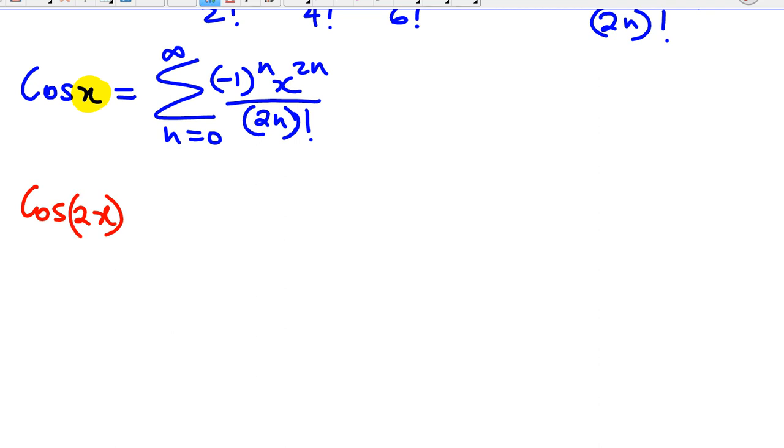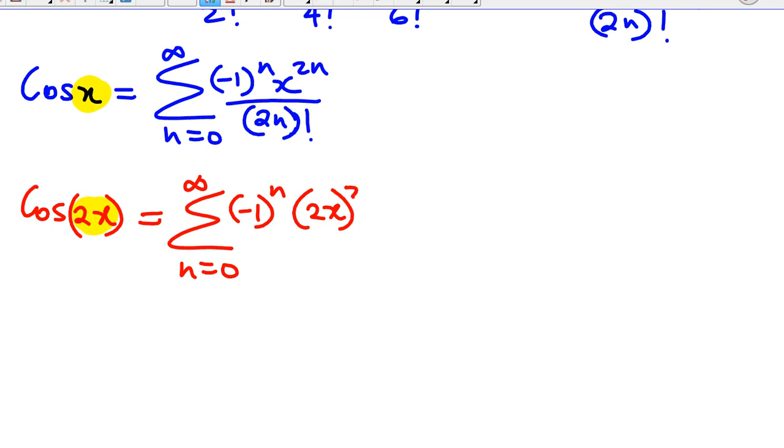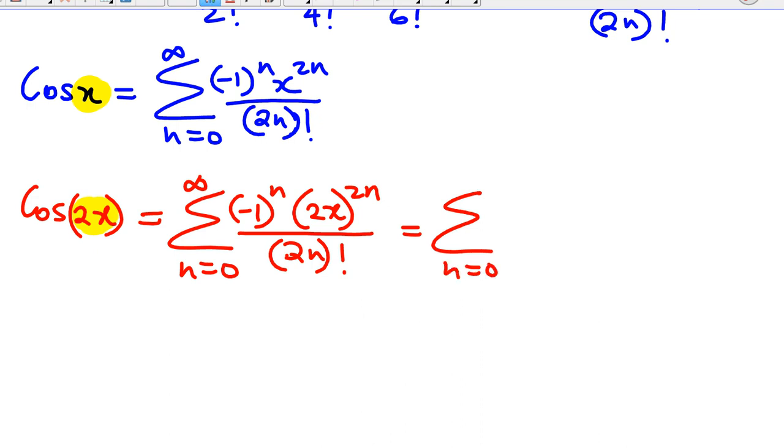will be, we'll plug 2x in place of x, which means I'll end up with the sum from n equals 0 to infinity of negative 1 to power n, 2x to power 2n over 2n factorial, which can be simplified as the sum from n equals 0 to infinity of negative 1 to power n, 2 to power 2n, x to power 2n over 2n factorial.